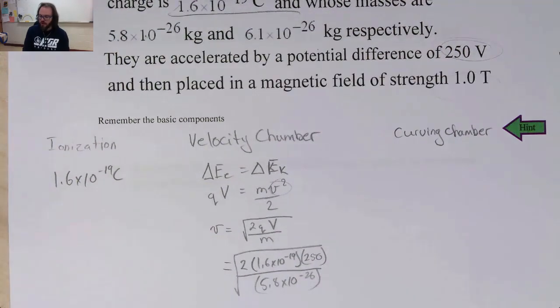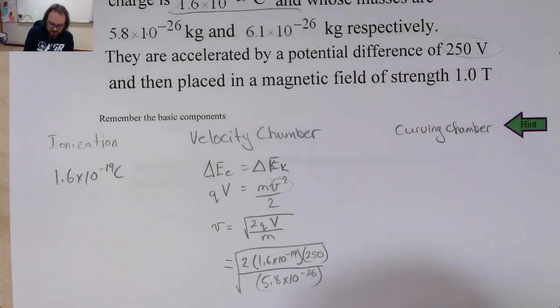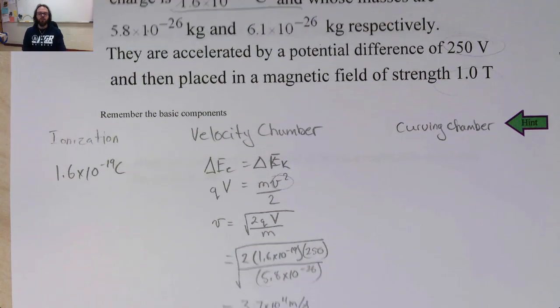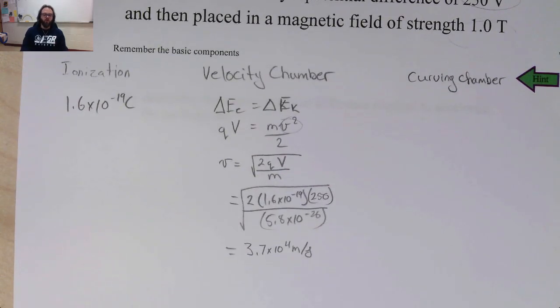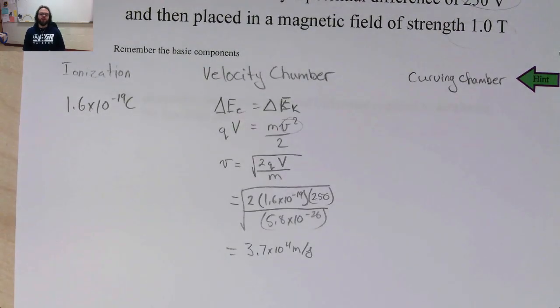When I calculate that, I'm going to end up getting 3.7 times 10 to the 4. Now, I'm going to store this whole section into my calculator. I'm going to save it as X or something like that, because if there are more questions, I'll be using that velocity, and I don't want to round it till the very end.